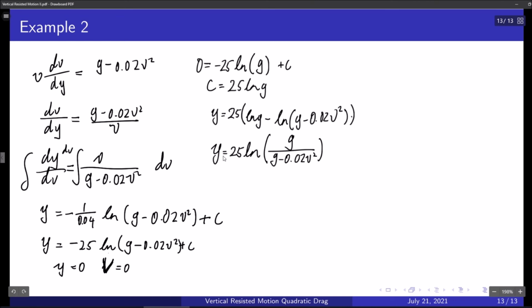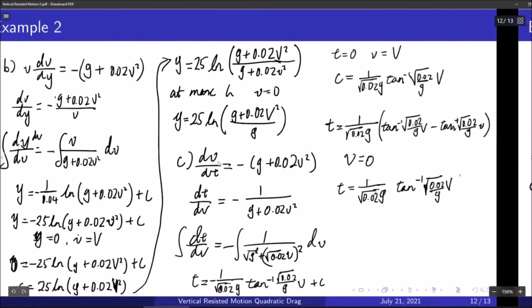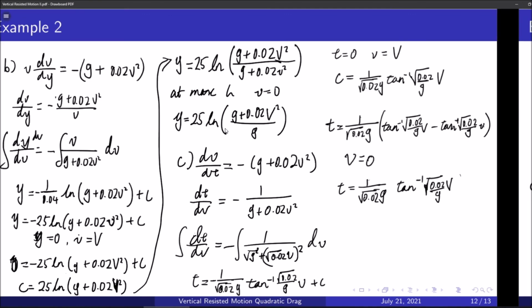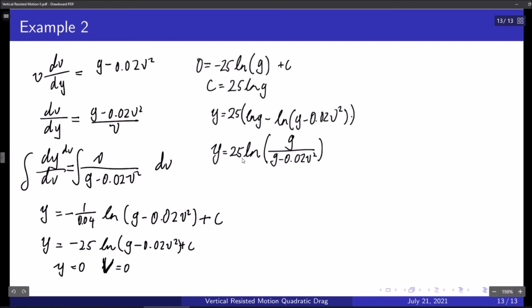If you look at this one, for the object to go from the maximum height and then back onto the ground, the velocity here has to make sure that the y is the same as the previous y, because the distance from the ground level to the maximum height should be the same as from the highest level coming down to the ground.